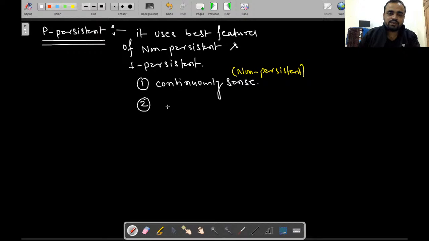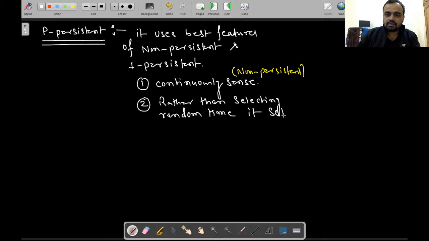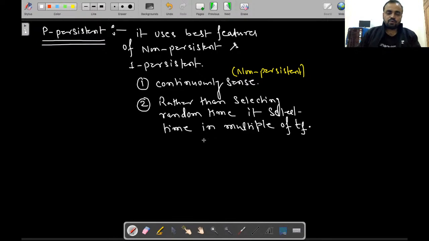The second thing it uses is, rather than selecting a random time, it selects time in multiples of Tf. So it will choose a random value equal to r.